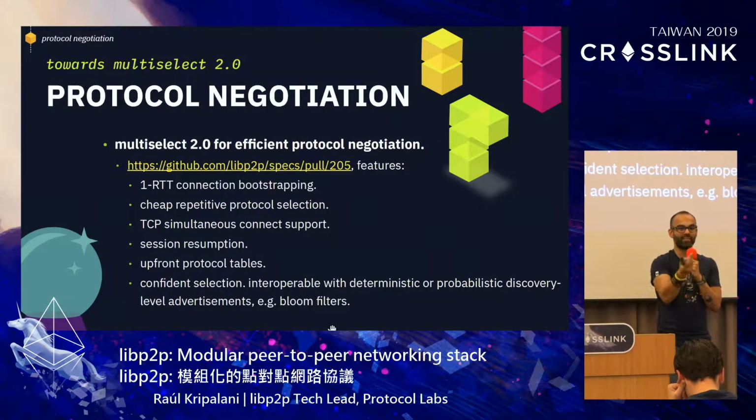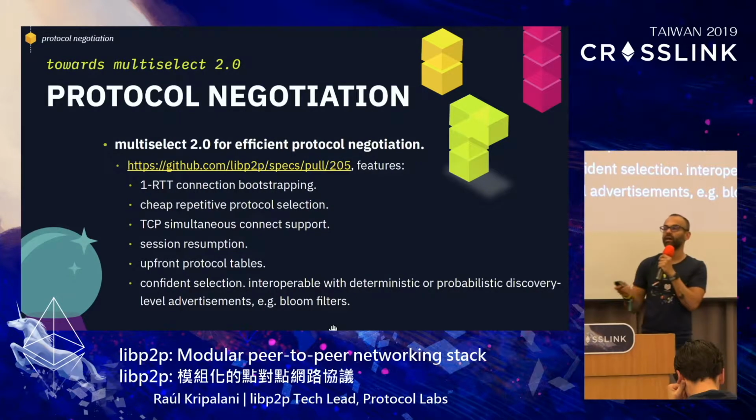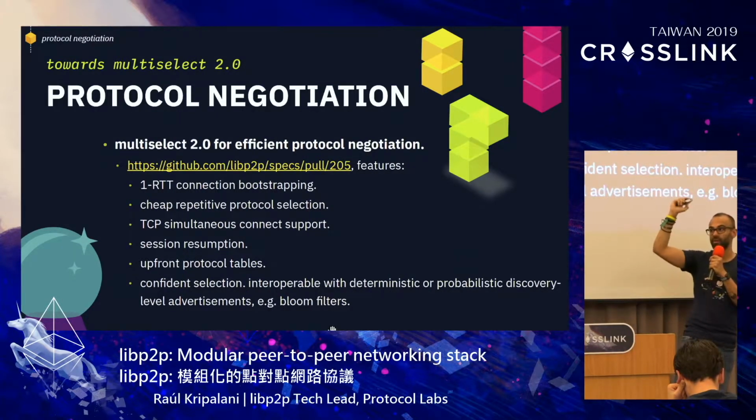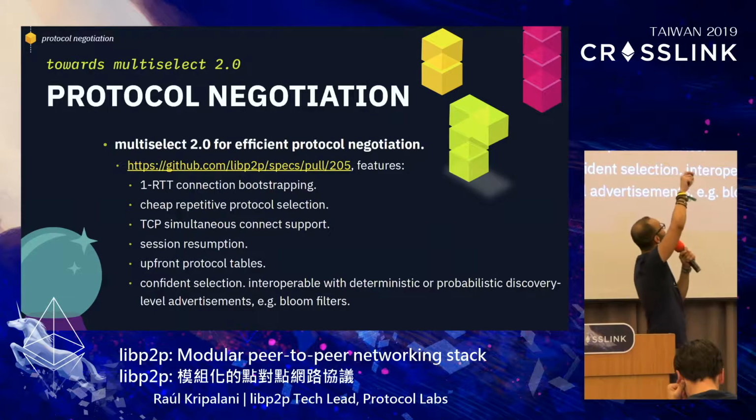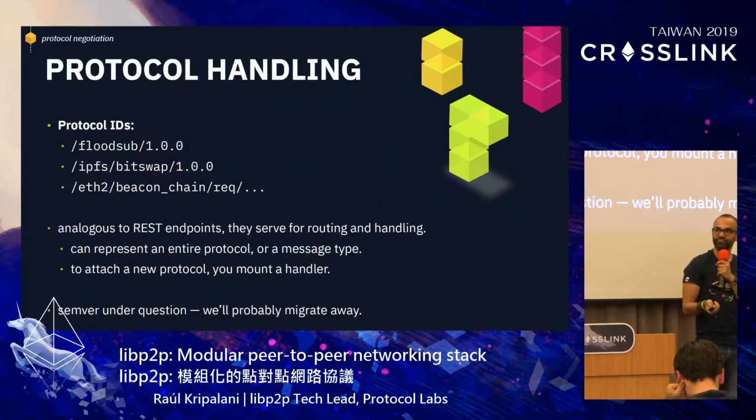Right now, establishing a connection with a peer is kind of a bit interactive and chatty. So we'll be moving to the new scheme in probably a few months from now. It's going to give us as well cheap repetitive protocol selection, upfront negotiation, session resumption, and a number of things that we're specifying in this pull request, if you're interested in digging deep into that.